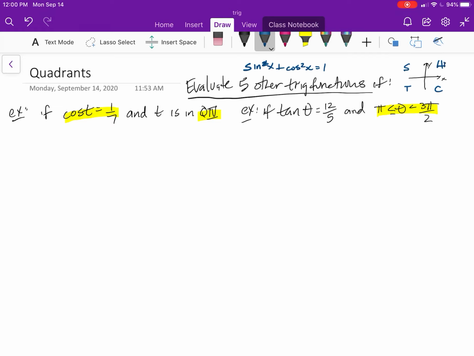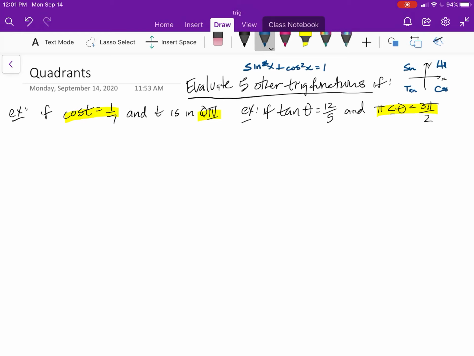Okay, so all trig functions are positive in quadrant 1. Only sine, well, and its reciprocal, so cosecant as well, is positive in quadrant 2, tangent quadrant 3, cosine quadrant 4. Okay, so the easy way to remember that is all students take calculus.